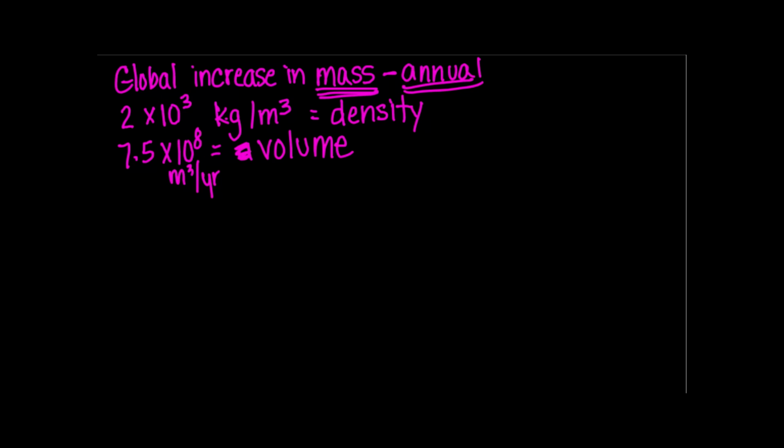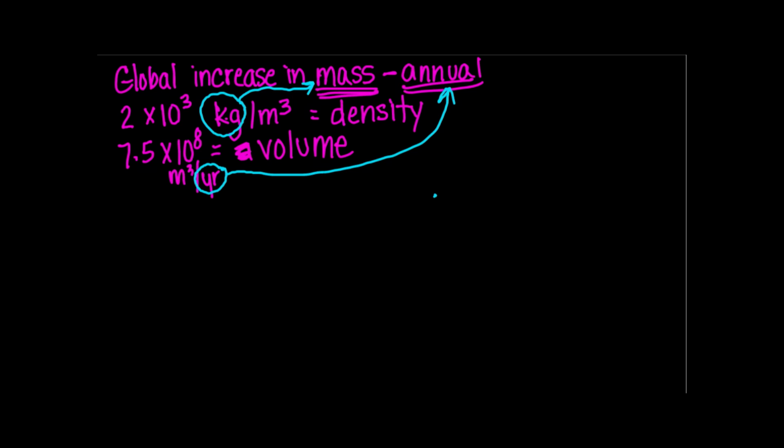Okay, so I know I want mass because this kilograms right here is a mass. So that'll give me that unit right there. And then I know I want this one, volume per year, because it says annual.